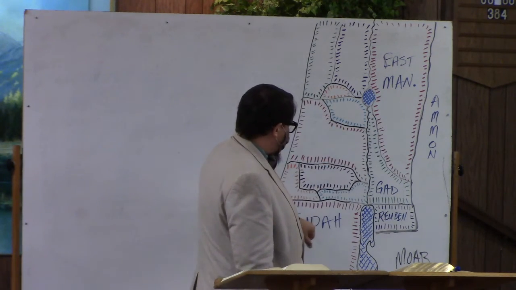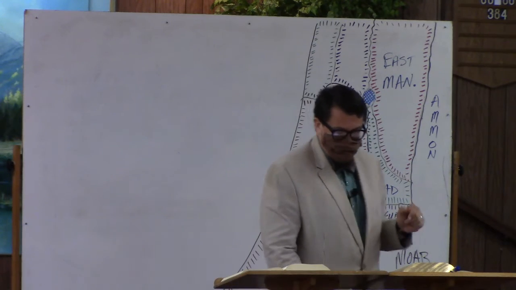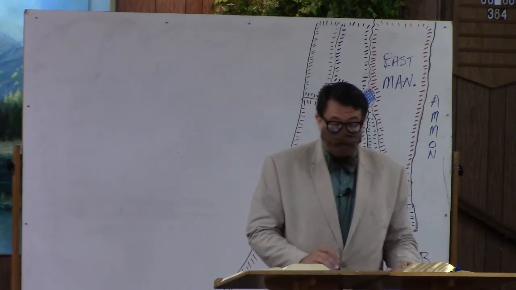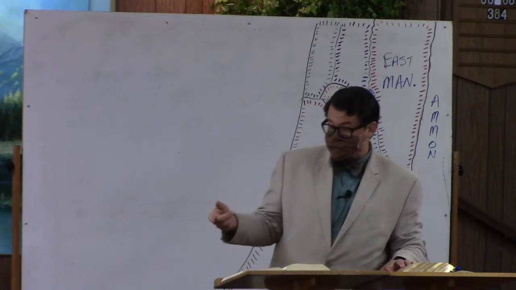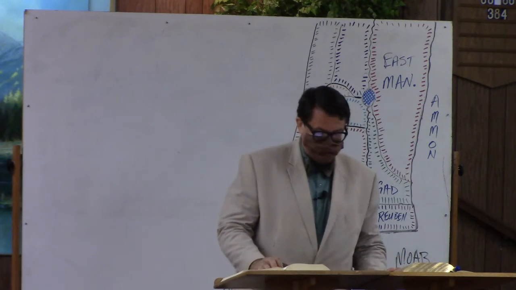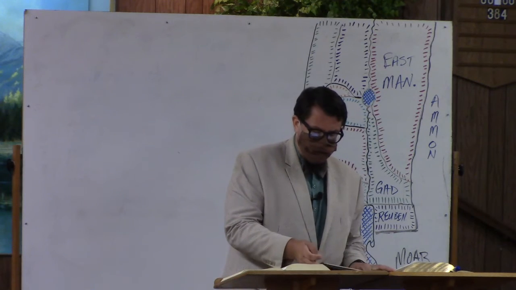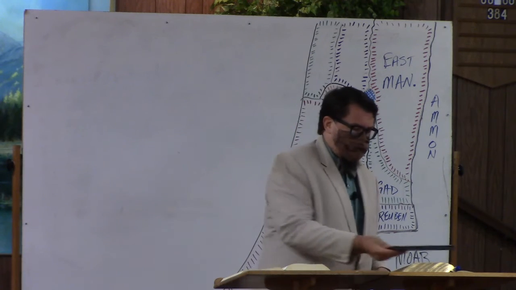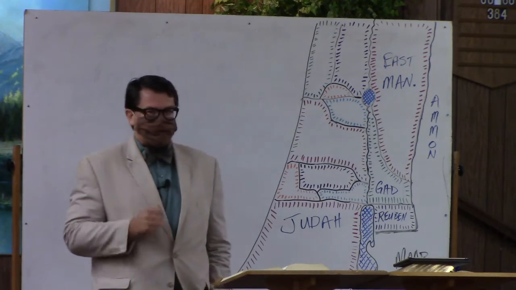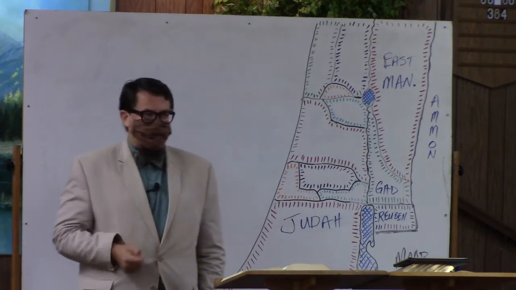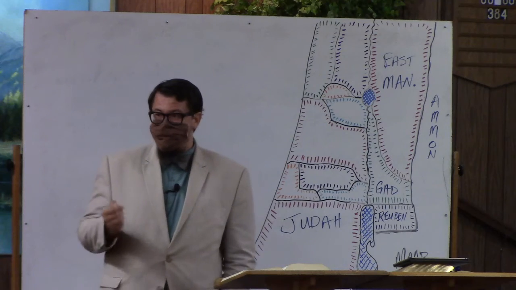But out of the rest of the tribes, Judah is listed first, and its territory is given the most extensive description out of any of the ones that we are going to read. We should remember, by the way, that Judah is the one who receives the greatest blessing from his father Jacob. So talking about the man Judah.